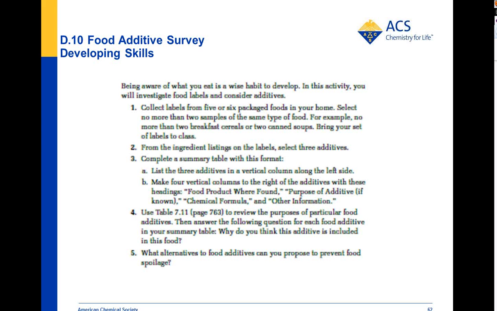And then, as you see in 3B, they're going to have 4 vertical columns, and where the food product was found, the purpose of the additive, if known. Now they had some of them given in the table, but they may need to go to some of the websites that are given to find out other information, chemical formula for it, and other information.